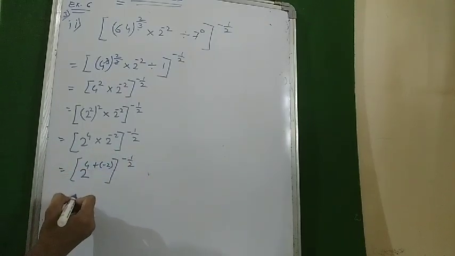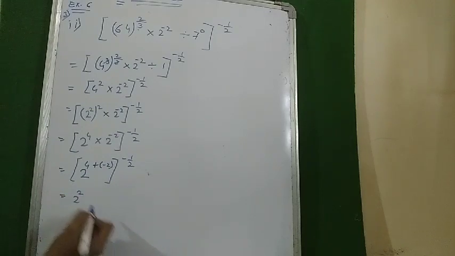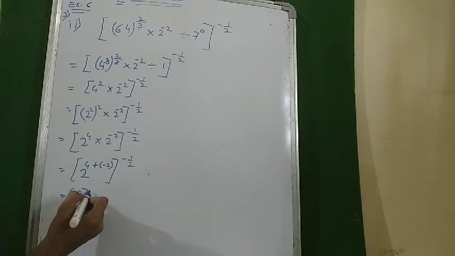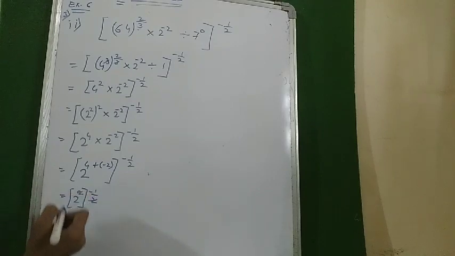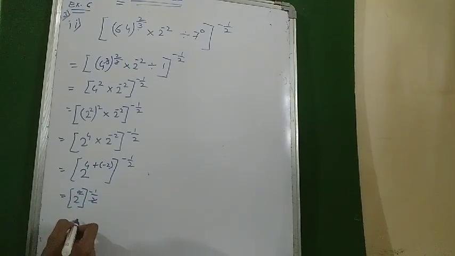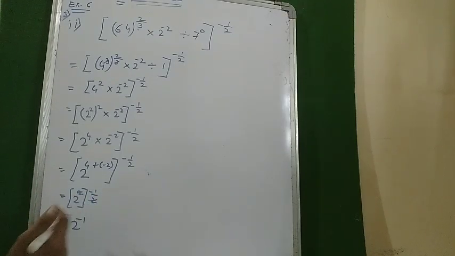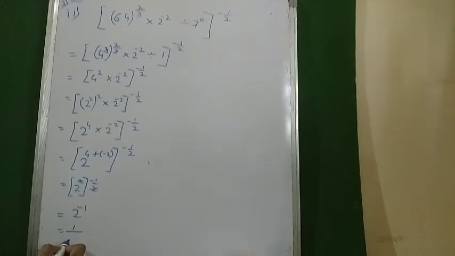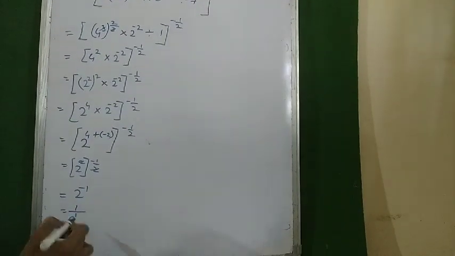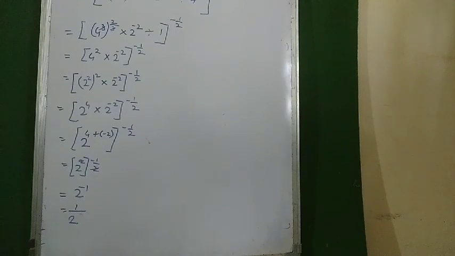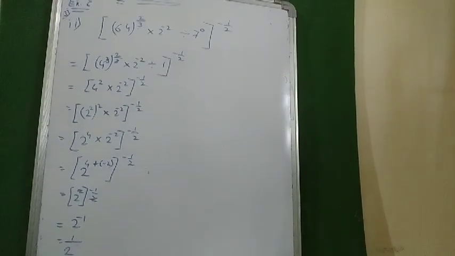So 4 minus 2 is 2. We have 2 raised to 2 now, whole raised to 1 upon 2. This 2 gets cancelled. We have 2 raised to minus 1. Now we don't want the minus sign, so we can write 1 upon 2 raised to 1, or if you don't write 1, it is okay. Okay, so answer is 1 upon 2.